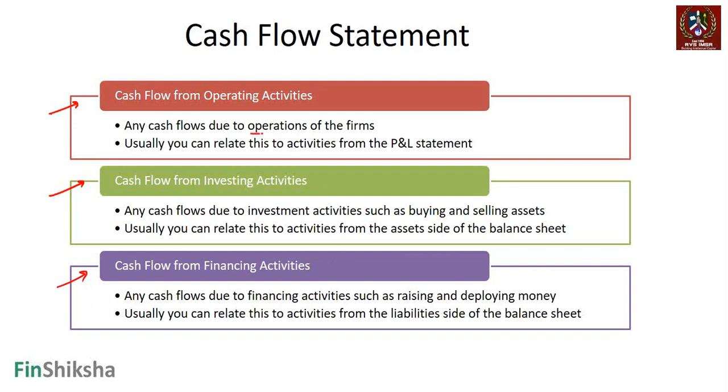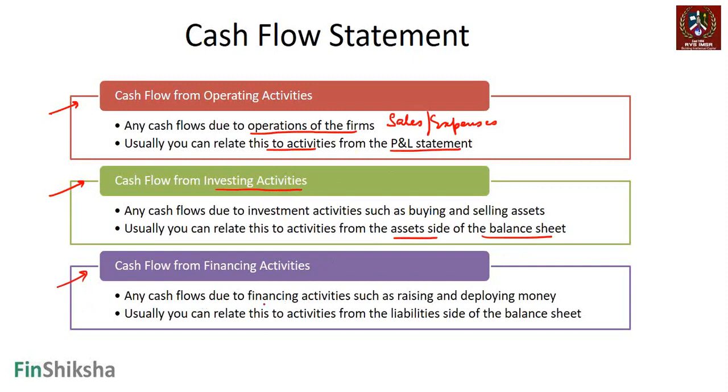Any cash flows due to operations of the firm, which is sales, expenses, basically running of the business, these are related to activities from the P&L statement that comes under cash from operating activities. Any cash flows due to investment activities such as buying, selling assets, usually you can relate this to activities from the asset side of the balance sheet that comes under investing activities.